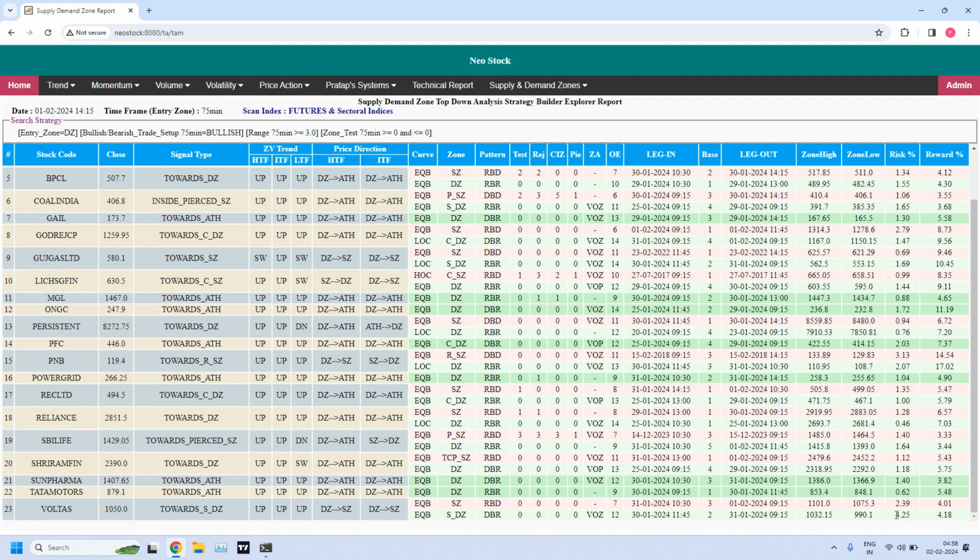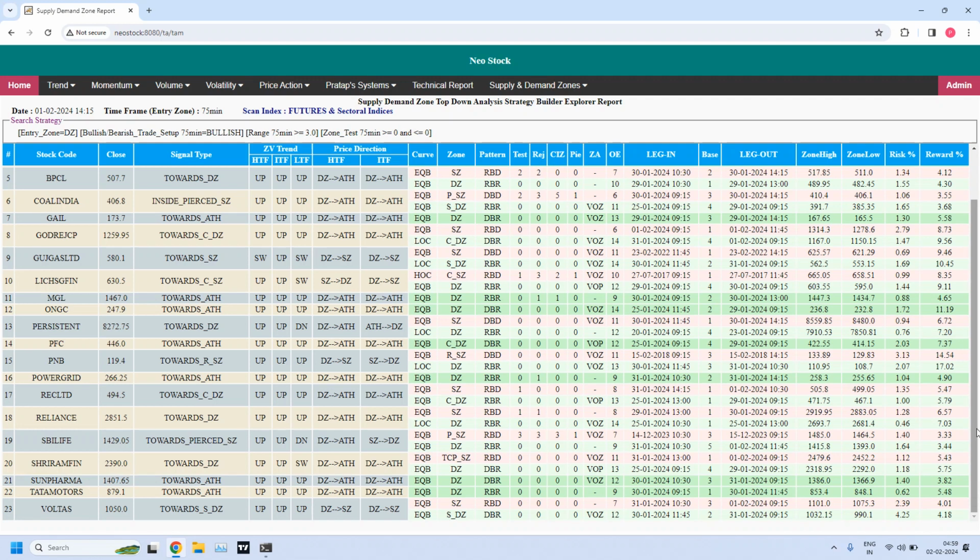But still, if the risk is big, what can you do? Fine tune. Inside the zone, you can fine tune. Moreover, see, this is a high liquidity zone, a fresh zone. By fine tuning, you can minimize the risk and you can maximize the reward. That way, you can plan the trade. Your risk is not an issue.